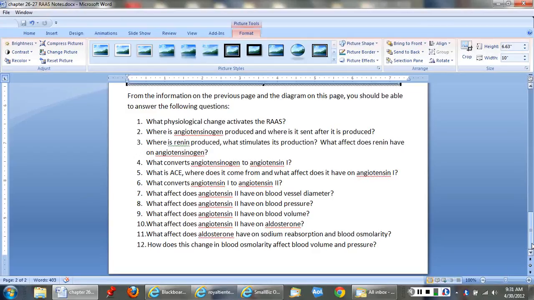What converts angiotensinogen to angiotensin 1? Renin, right? What is ACE? Good. Angiotensin 1 converting enzyme. Where does it come from?